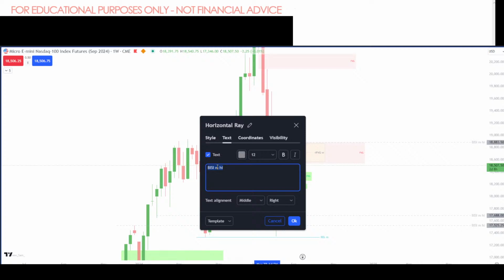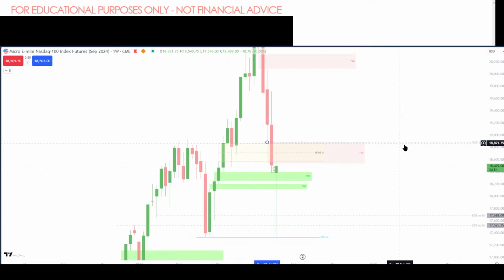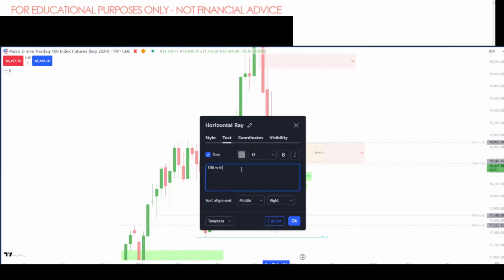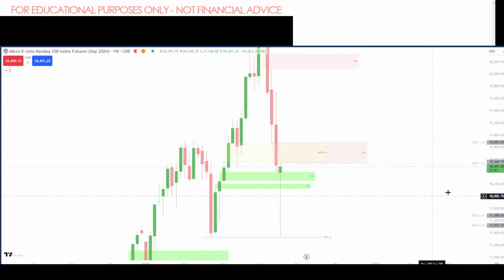And this is a SIBI weekly high and SIBI weekly low. Okay.